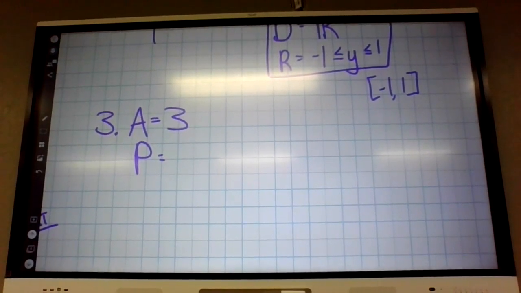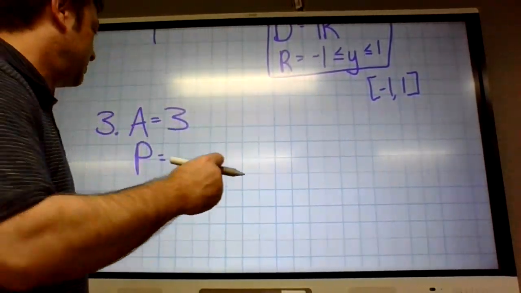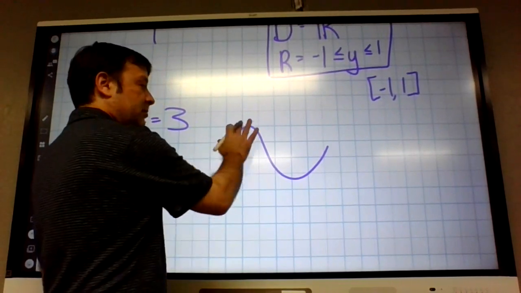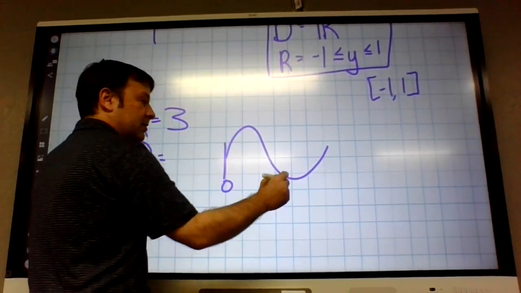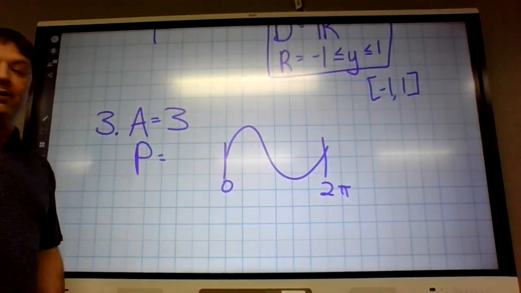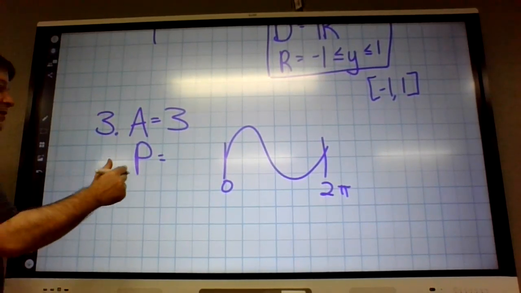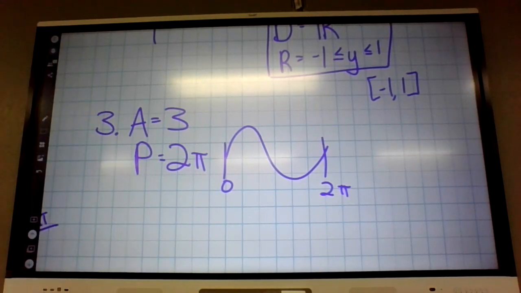My book's different than yours. In my book, they colored the period part a different color. This is one period, how long before it starts repeating itself. It goes from 0 to 2 pi, just like our other graphs. The period is 2 pi.